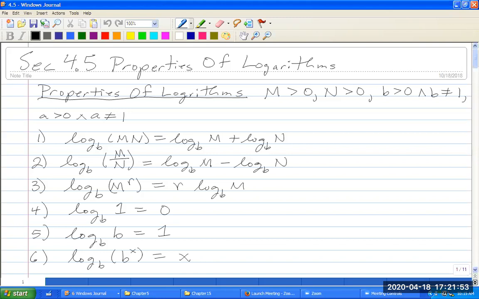Back when Napier was inventing logarithms, the reason he invented them is because they didn't have handheld calculators back then. To take a product, it's much easier to add than multiply.